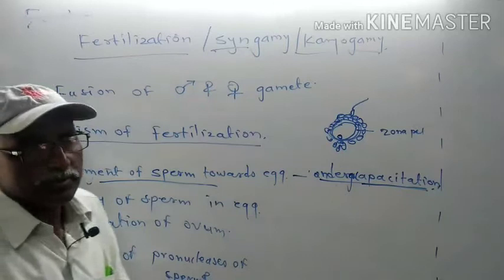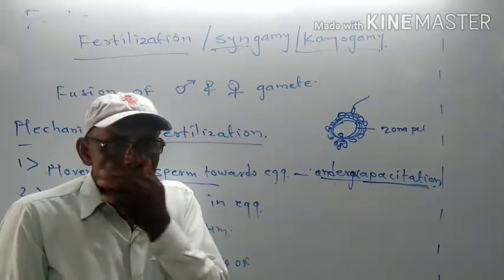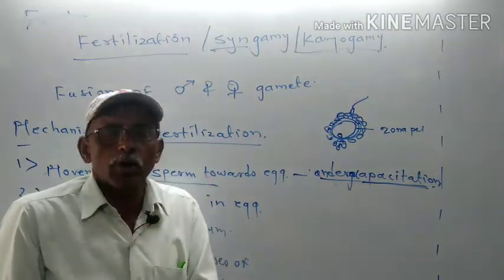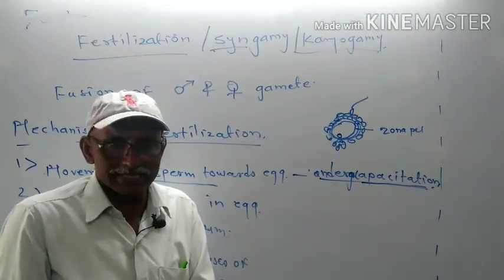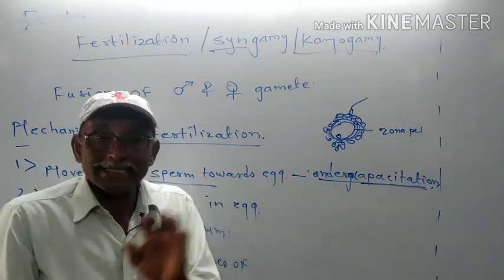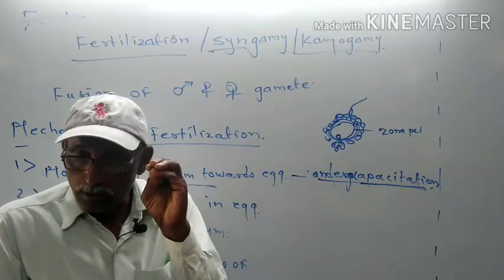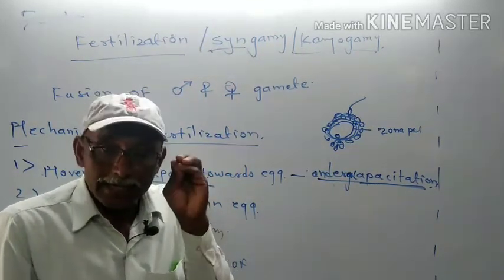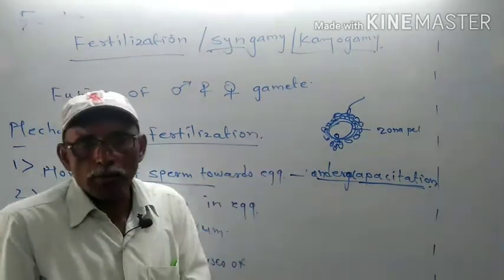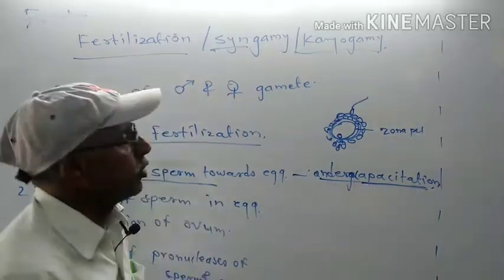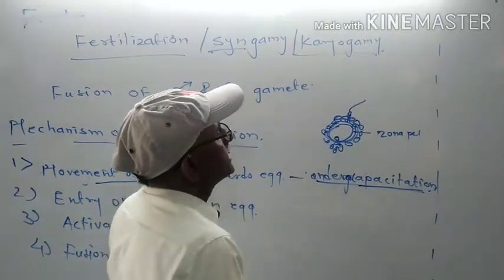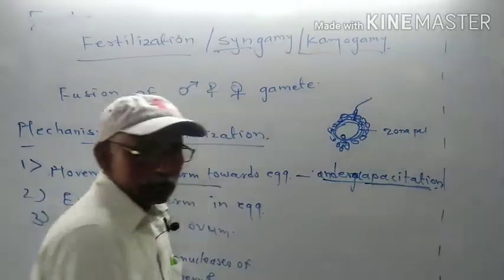For entry of the sperm, the acrosome present at the tip of the sperm secretes hydrolytic enzyme, hyaluronidase, then proteolytic enzyme zonalysin, and corona-penetrating enzymes. Due to the effect of the acrosome, the sperm reaches up to the zona pellucida.